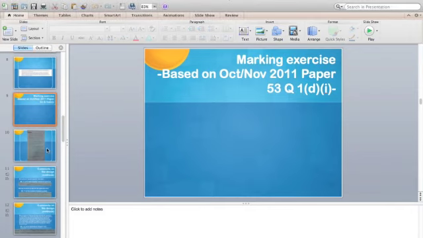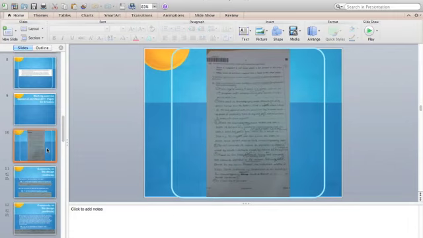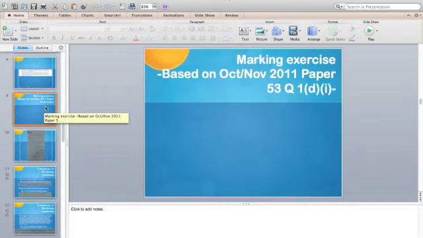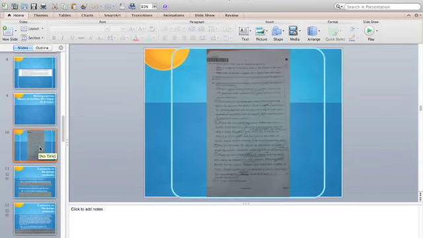The question is taken from November 2011, paper 53, question 1, part D. I hope when you get the PowerPoint slide, you can put it into full screen, then you'll be able to see the whole answer script well.